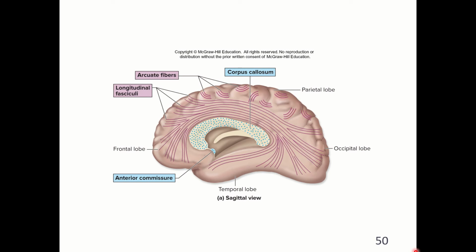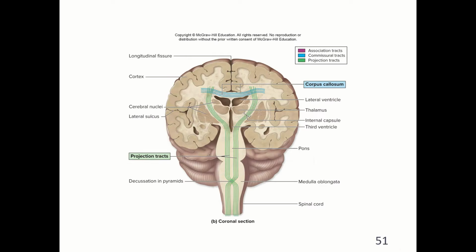The projection fibers will be running from the spinal cord and the brainstem and radiating out through the cerebral cortex. We don't see those in this illustration, but we see them here in green. And again, it shows that decussation, that crossing over that has occurred during our embryonic development.